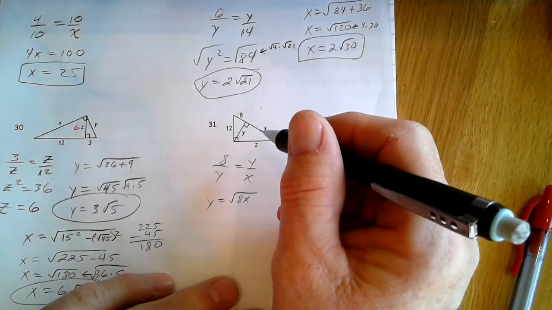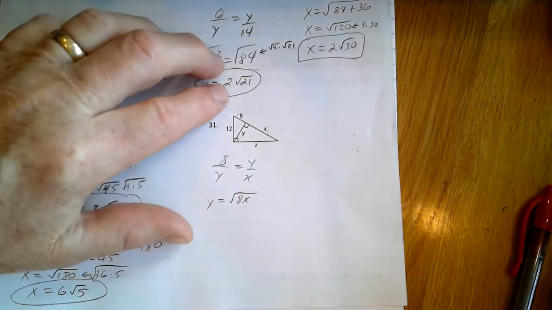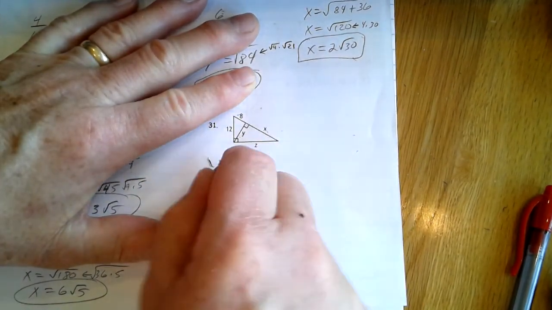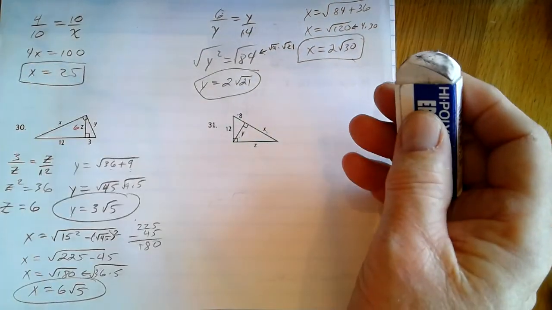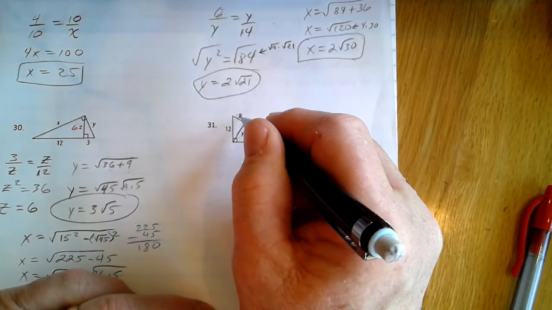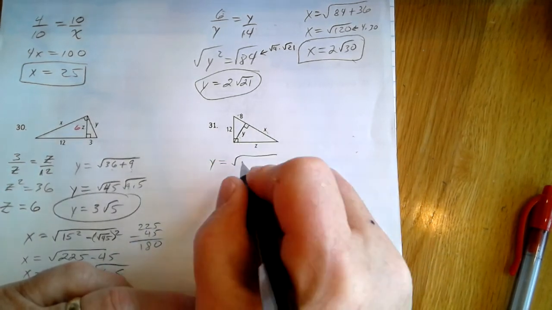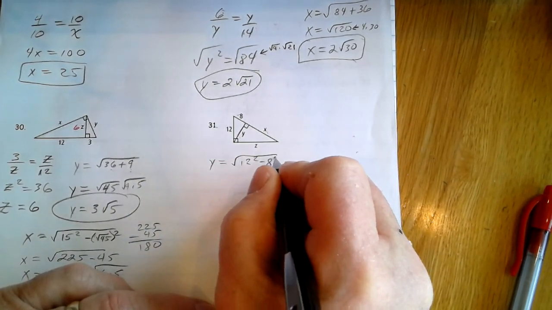Huh. Does that help us? Oh, Mr. Sterling, you're not looking. I'm not taking time to look before I start. Let's just start that one over. Jeez. I'm looking for y and I got 8 and 12.